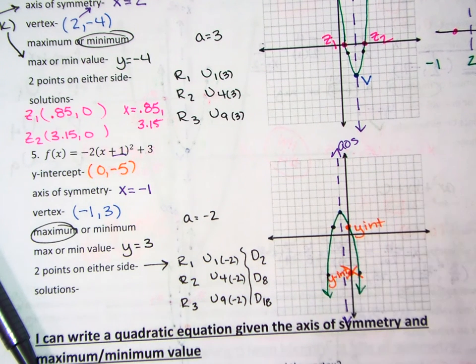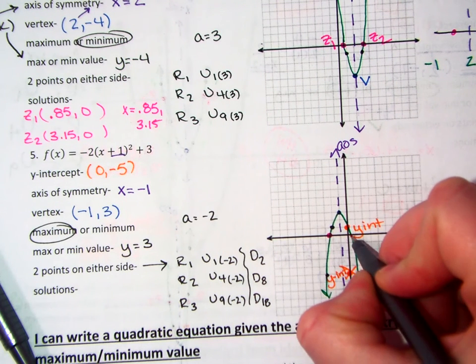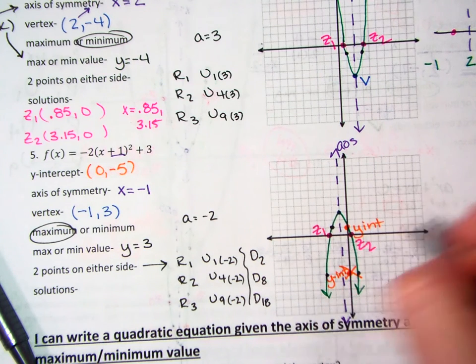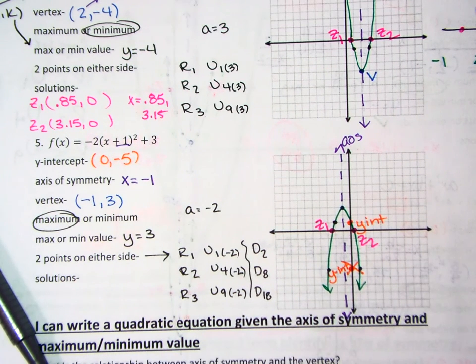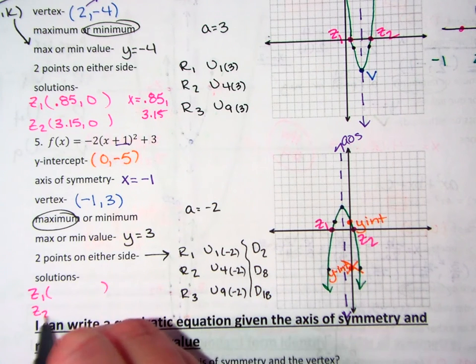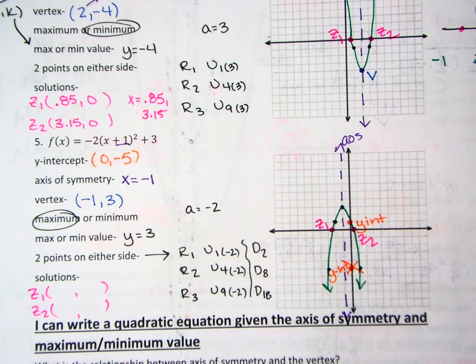Curve. Okay. Zeros. Looks like it's at -2.5 and at 0.5, but I don't know until I calculate it out. Give me 1 second here.